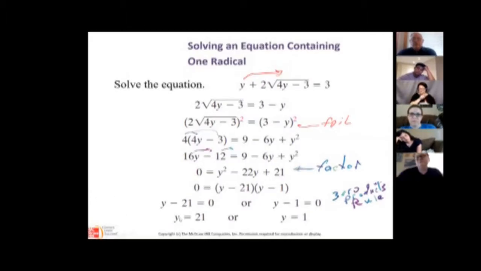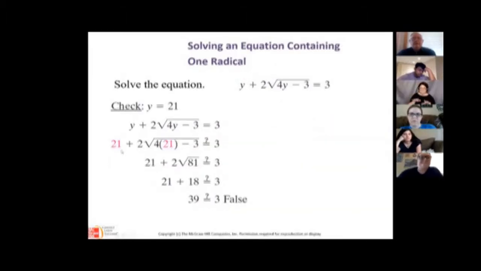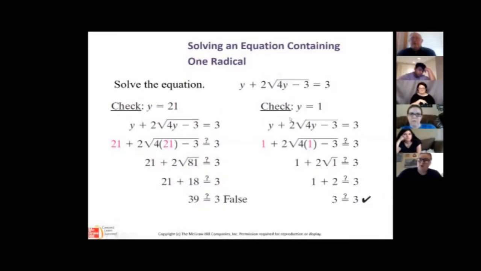And so we get these two solutions. Well, we have to test both solutions now that we have equations. Here's the check for the 21, and it comes out false. The check for the 1 works out true. So then our answer is only y equals 1 in this case.